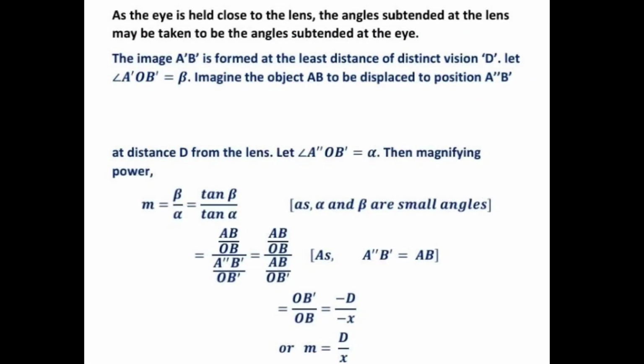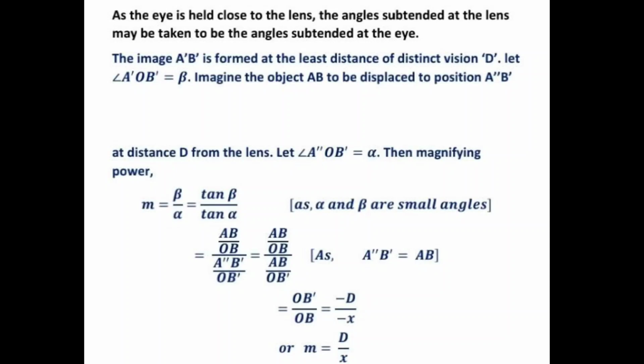For a simple microscope, the eye is held close to the lens. So the angle subtended at the lens may be taken as the angle subtended at the eye, and the image A'B' is formed at the least distance of distinct vision, that is taken as D.